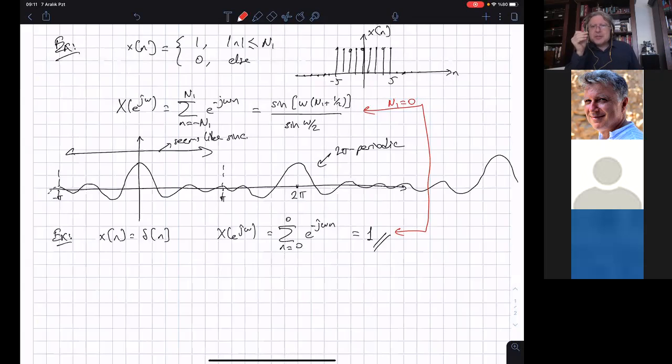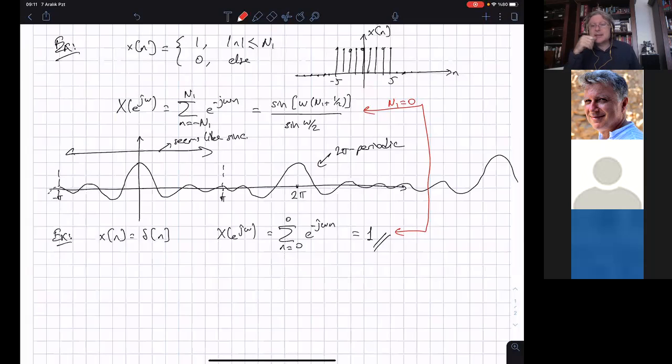A problematic region, you can think, is when omega is equal to 0. And when omega is equal to 0, it becomes sine 0 over sine 0. And well, they are identical. The numerator and the denominator are identical. So in the limiting case, that 0 over 0 will boil down to become 1.